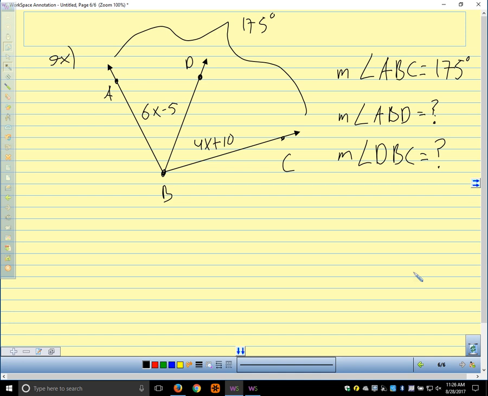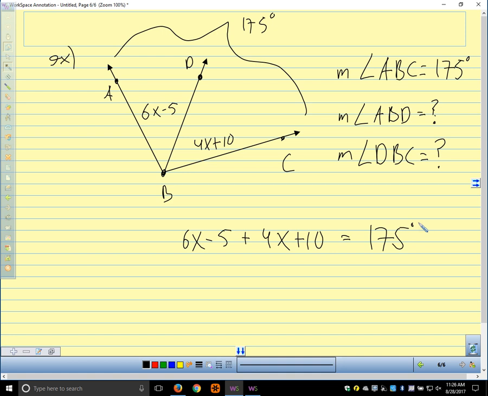So what do we do here? What does the angle addition postulate tell us that we can do with these two things? Add them together, right? The two smaller pieces have to add up to what? The whole thing, 175. So I'm going to say 6x minus 5 plus 4x plus 10 equals 175.